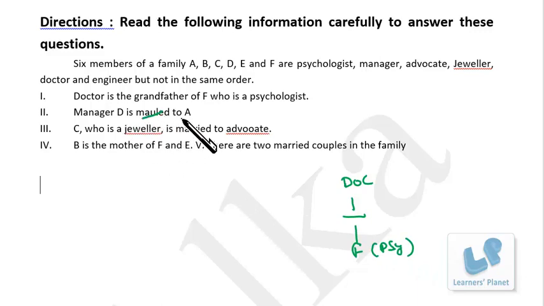Manager D is married to A. I represent the spouse relationship as plus and same generation relationship as dash. C, who is a jeweler, is married to an advocate. So C married to advocate. B is mother of F and E. So B has to be over here, female, and F and E in the next generation.